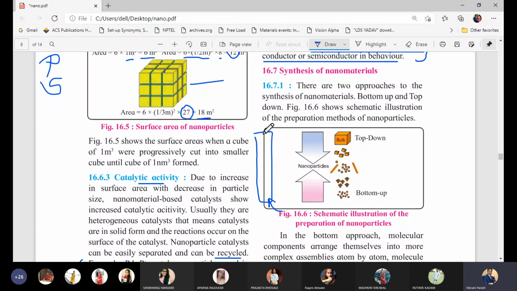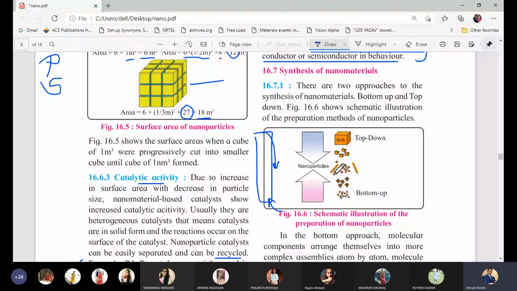And if you are at the top, you have to come to the bottom. So this type of approach is known as a top down approach. Okay, so two approaches are there, but this is not the exact meaning, only the names are given, like top down and bottom up approach. What is its exact meaning?